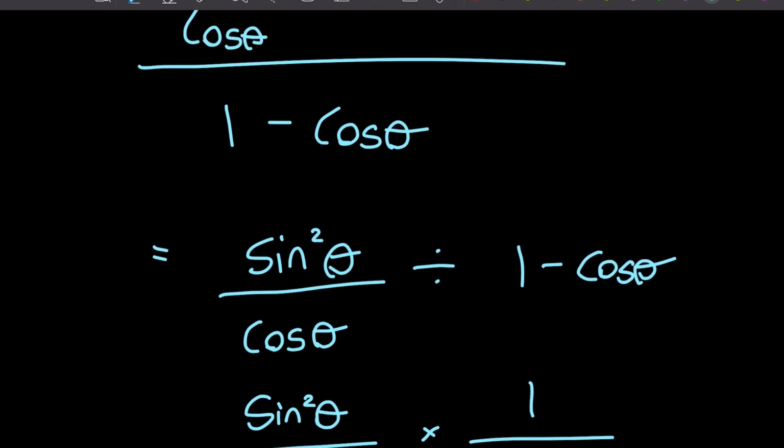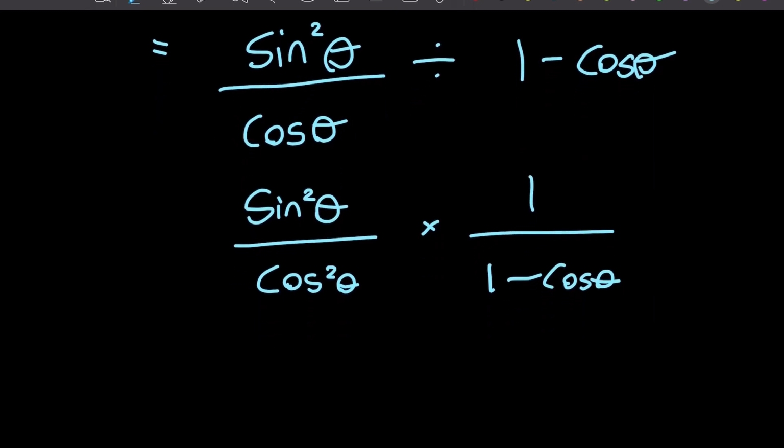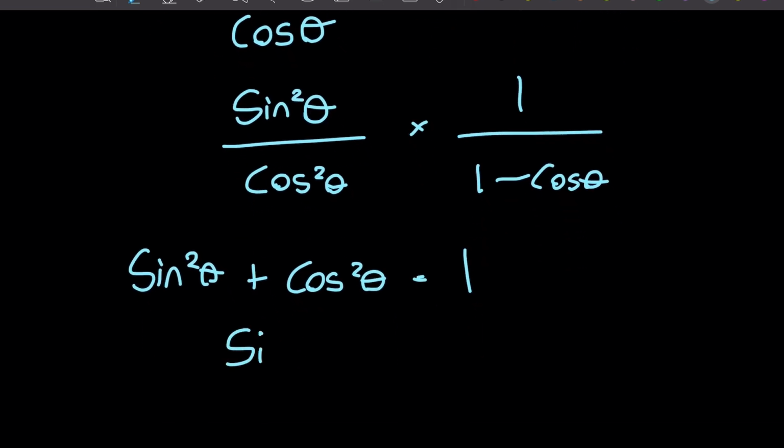And now what can we do? Well, we know that sine squared theta is the same thing as what? So we have sine squared theta plus cos squared theta equals 1. So that means sine squared theta is equal to 1 minus cos squared theta.